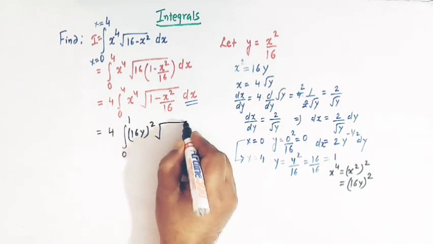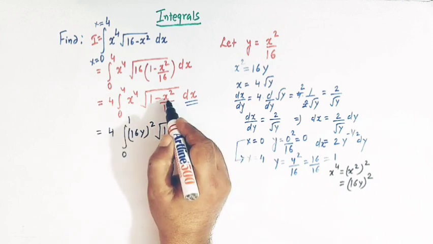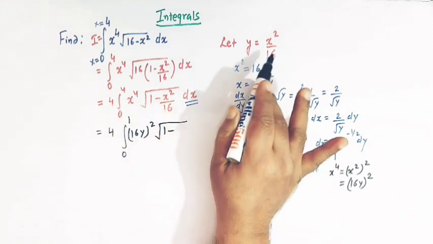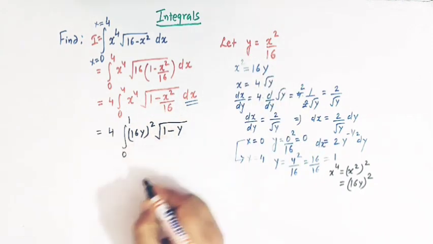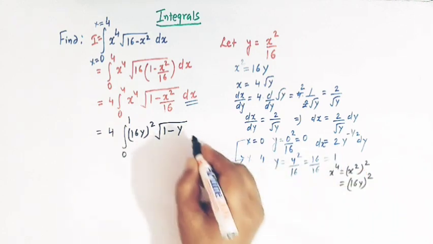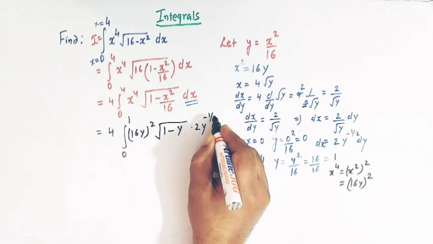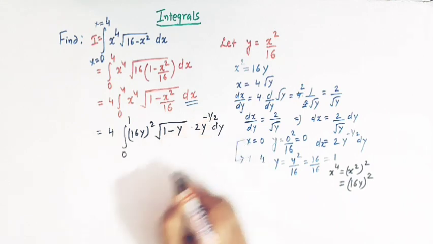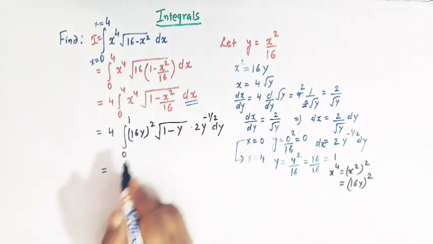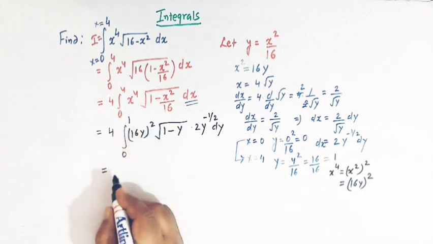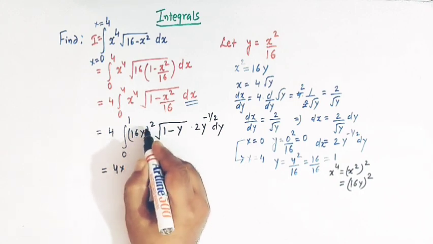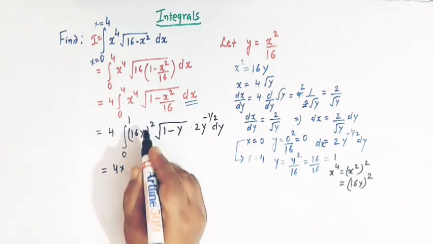Here we have the square root of 1 minus x square over 16, that is equal to y, so we have the square root of 1 minus y. For dx we write 2 times y raised to minus half dy. Now see, here we have 16 square, so 16 square is 256.